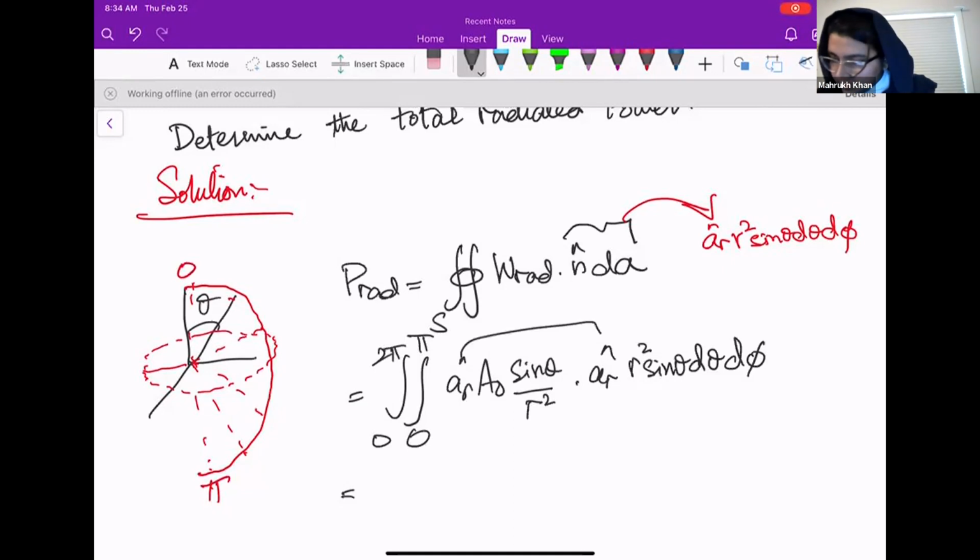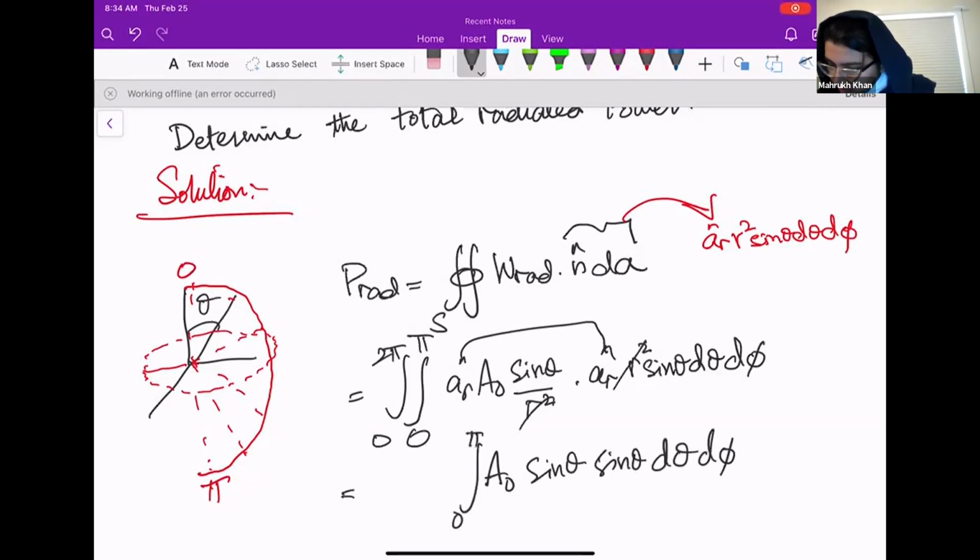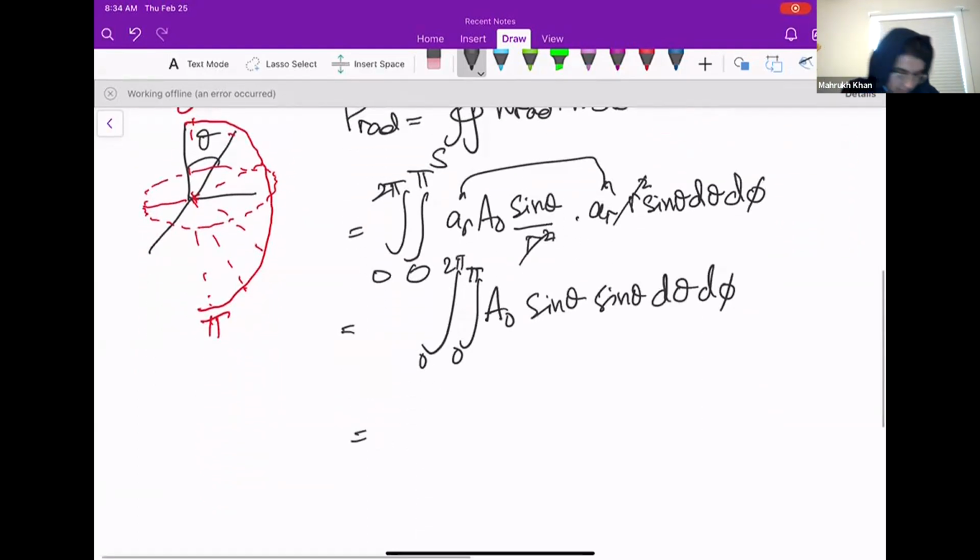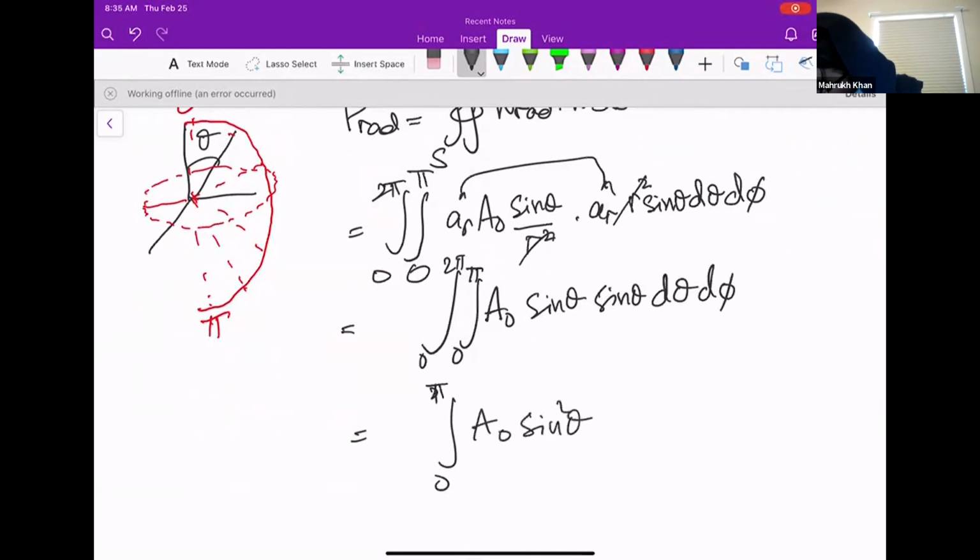So they will multiply with each other and produce 1. So r squared will be canceled with r squared, and we will have a naught sine squared theta, d theta, d phi.